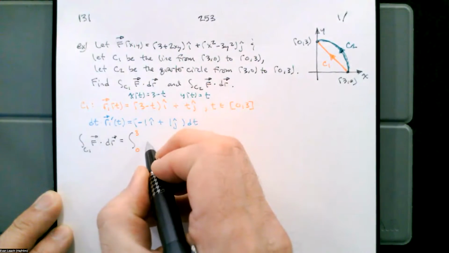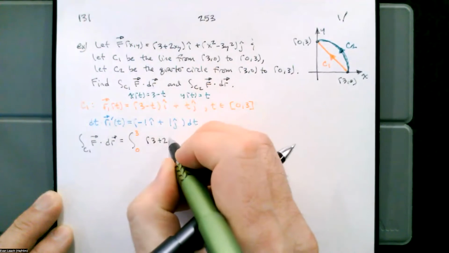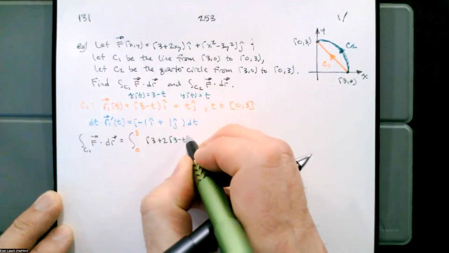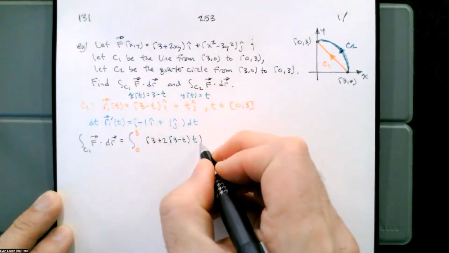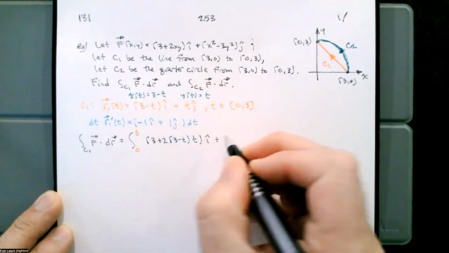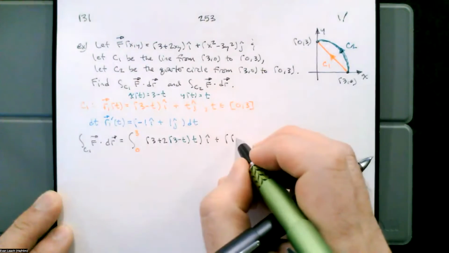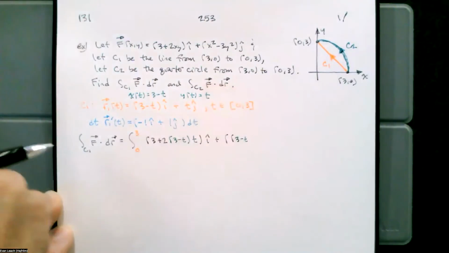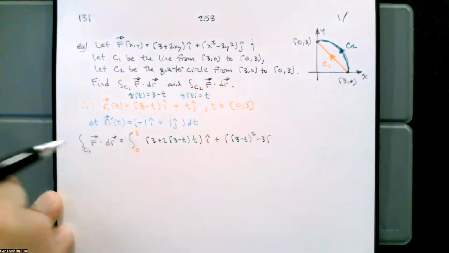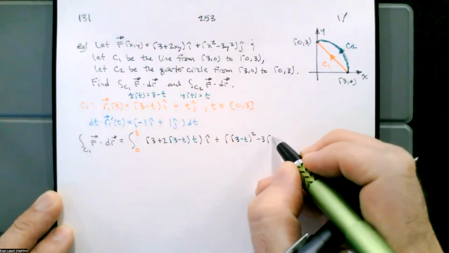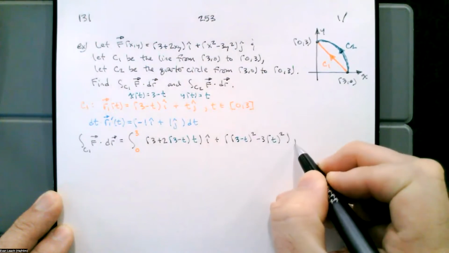So I'll have 3 plus 2 times the x, which is 3 minus t, times y, which is t, and that's my i component, plus x squared, where x is 3 minus t, and we've got to square that, minus 3 times y squared, which is just going to be t squared, j.